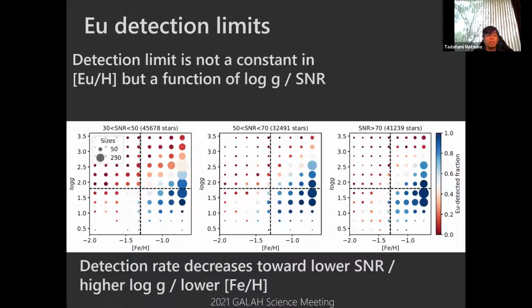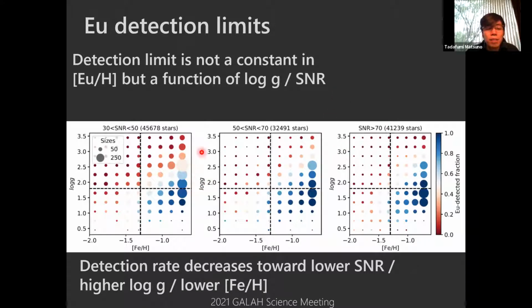So the first thing we did is to check the detection limit as a function of stellar parameters, signal to noise ratio, and the metallicity. Here, I divided the stars according to their signal to noise ratio. This is the lowest signal to noise ratio, and this is the highest signal to noise ratio.